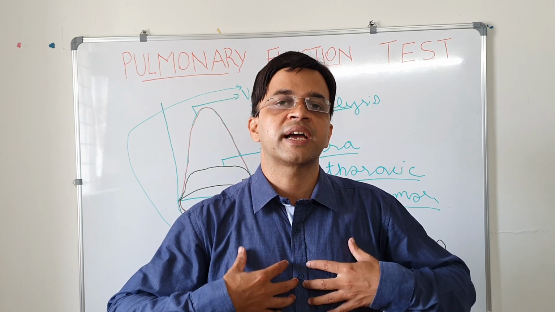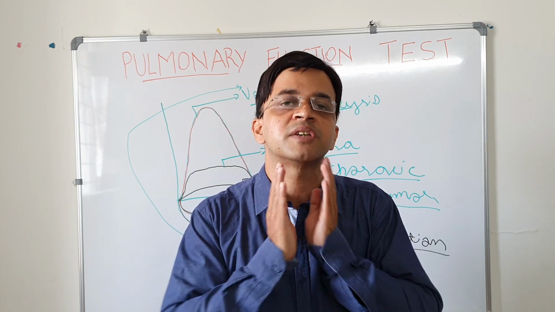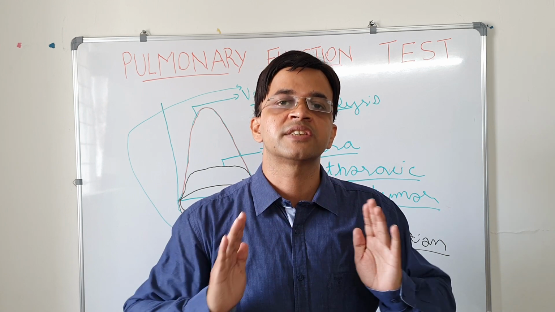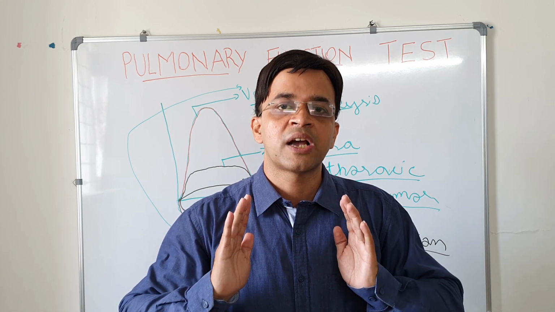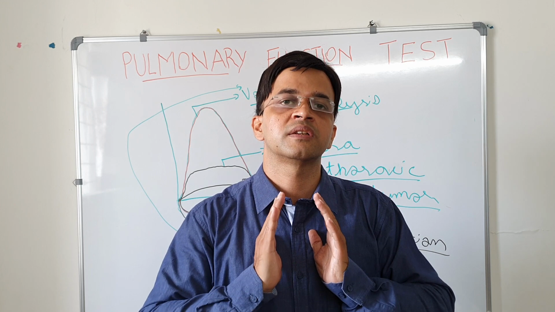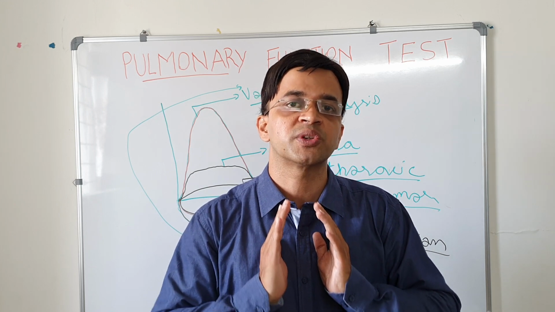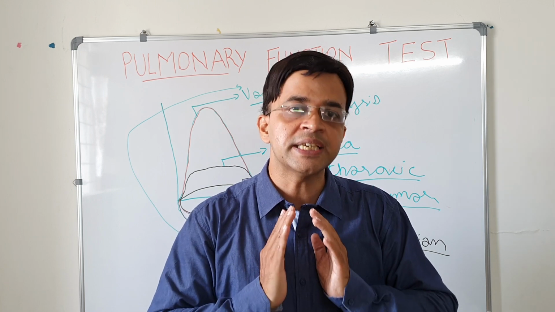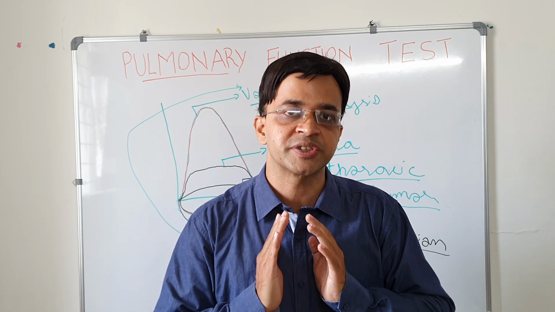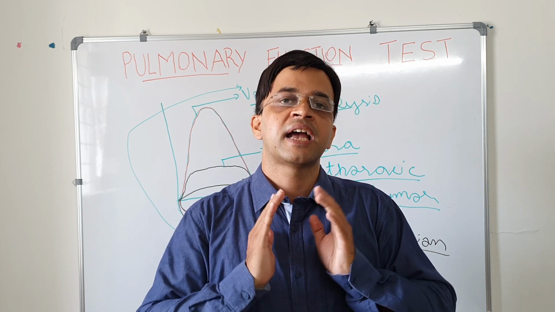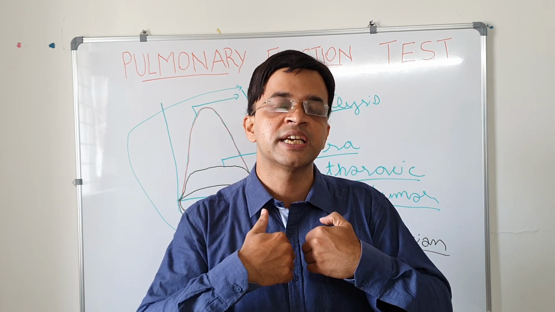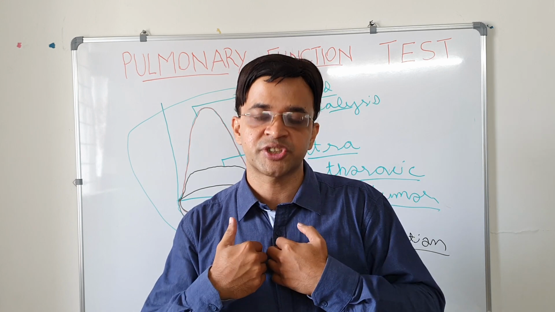When you are expiring, the lungs are collapsing but outer airways are expanding. Lungs are collapsing, so any intrathoracic obstruction will manifest more clearly in expiration, and any extrathoracic obstruction will manifest more clearly in inspiration.